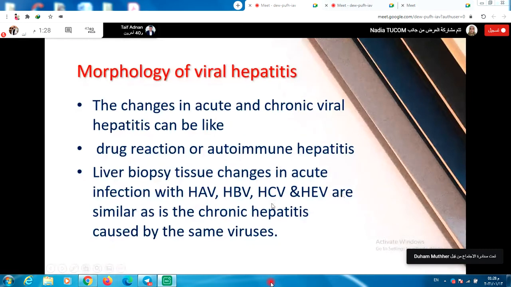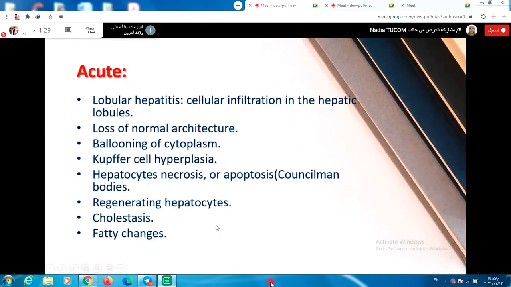Whatever the virus, there will be overlapping and similarity of the changes, hepatocellular injury in liver biopsy, that can be caused by these viruses.